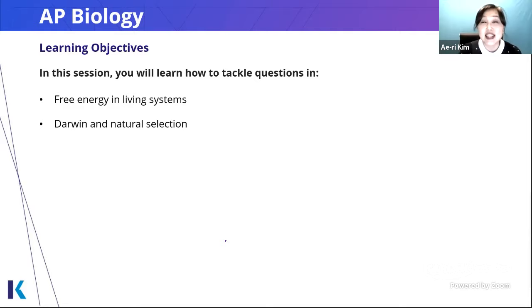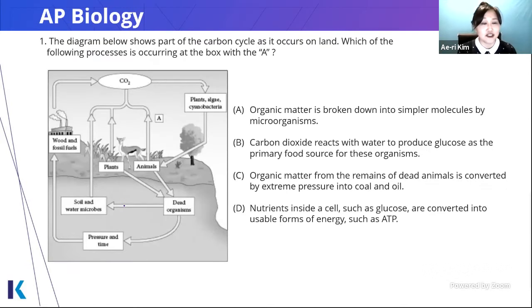What I've done is select some questions from these content areas, and in the context of going through the questions, we're going to discuss the content necessary to answer them. We're also going to ease in some strategy, like what do you do when you have a huge question stem? How do you analyze a graph? What parts of the diagram do you want to pay attention to? So it'll be an all-in-one session. It'll be great. Moving on, let's take a look at our very first question.